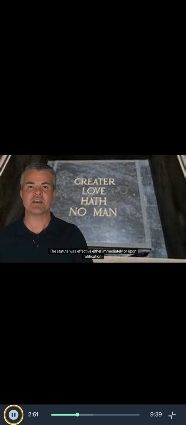The statute was effective either immediately or upon ratification. It thus became a statutory embodiment of the principles of equality and common allegiance to the Crown set out in the Balfour Declaration of 1926. The statute removed nearly all of the British Parliament's authority to legislate for the Dominions, making them sovereign nations in their own right.